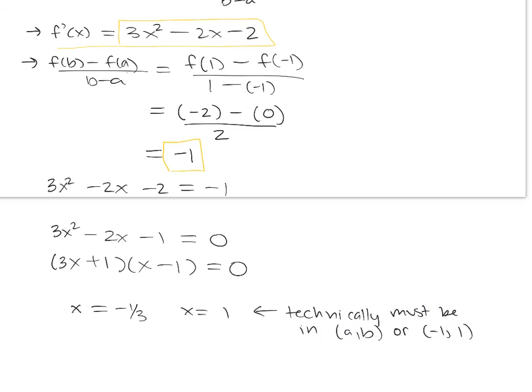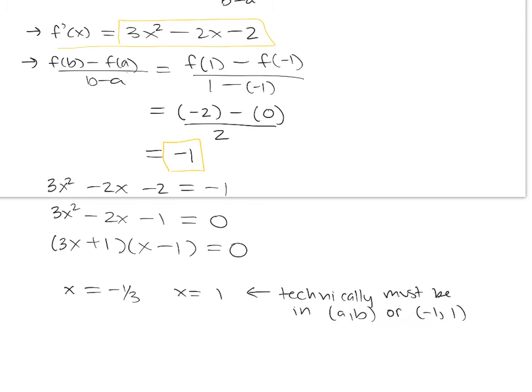Which one is not included? 1. So only x equals -1/3. In the other questions that you had, the numbers were more obviously outside the interval, right? They cannot be the endpoints of the interval. It has to be within the middle, because the derivative has to exist there, and the derivative doesn't exist at the endpoint, at least not for this class. You can take derivatives at endpoints for different stuff, but we don't do it in here.